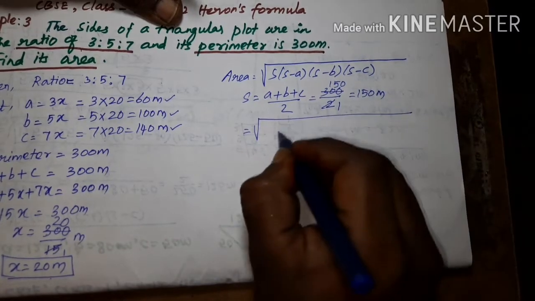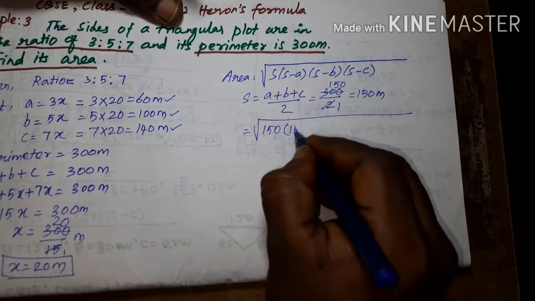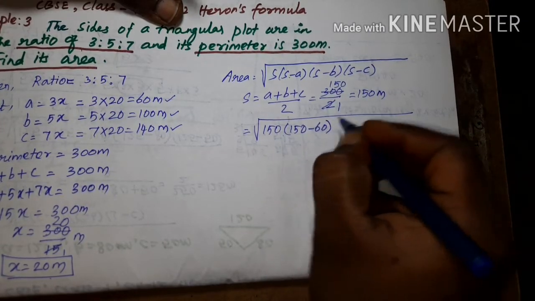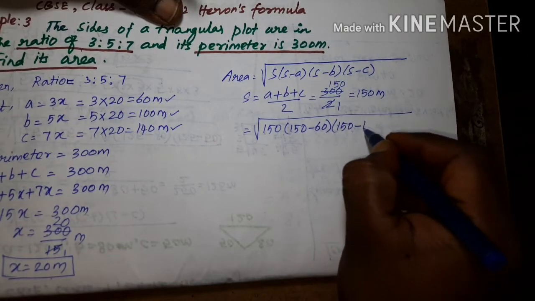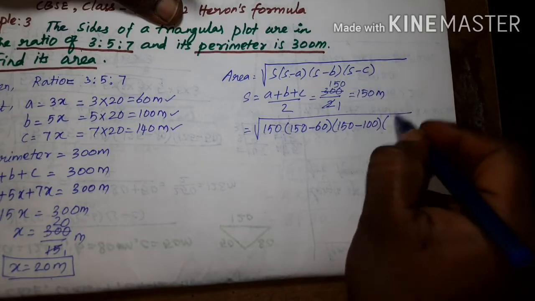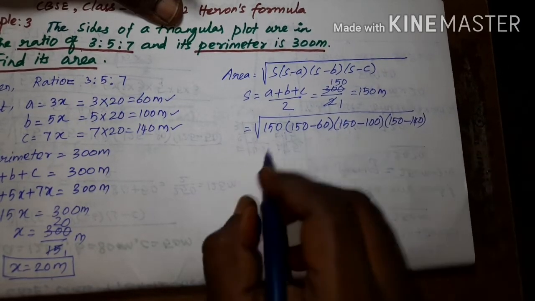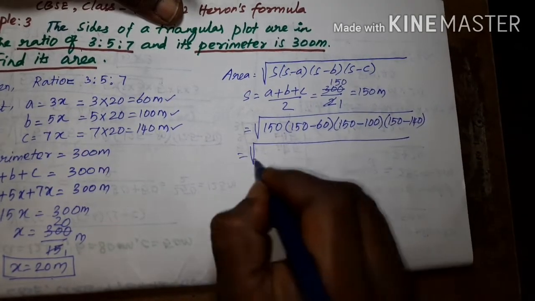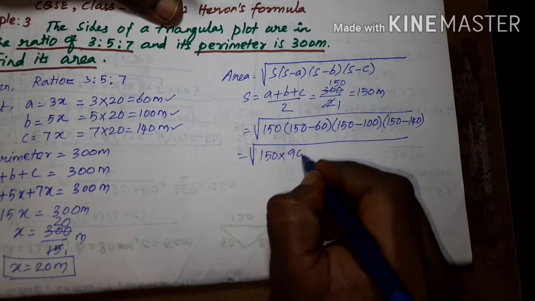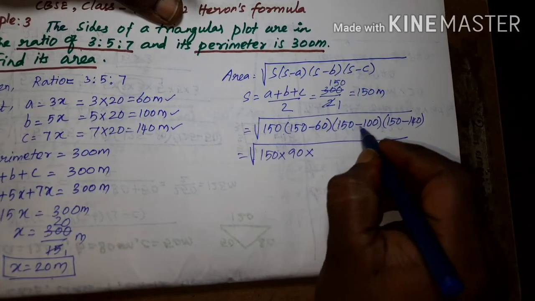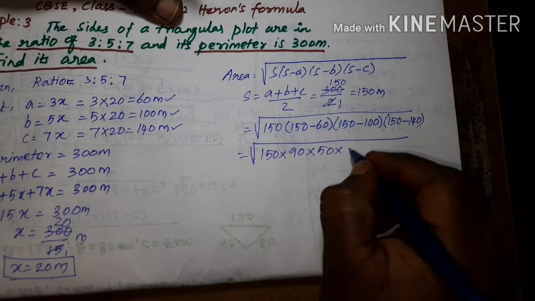So s value is equal to 150, and next is s minus a, so 150 minus a value 60, and next one is s minus b, so 150 minus b value 100, and then s minus c, so 150 minus c value 140. Subtracting, it is 150 into 90 into 50 into 10.